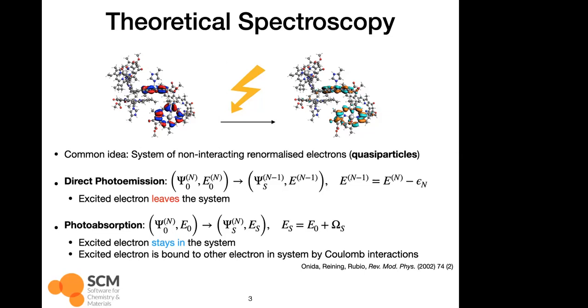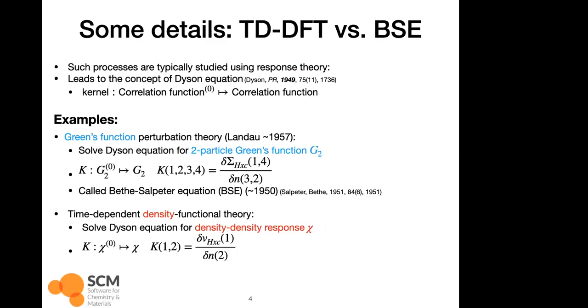And well, you all know about TDDFT, I assume, and BSE is actually very similar to TDDFT in spirit. Both are response theories, and both use so-called Dyson equations, even though typically in TDDFT that's a little bit more implicit. But the Casida equations, which many of you will know, that's essentially just a Dyson equation for a two-particle response function in a particle-hole basis.